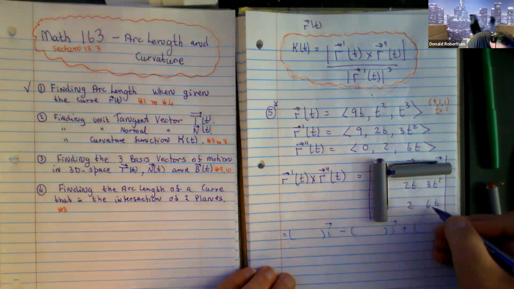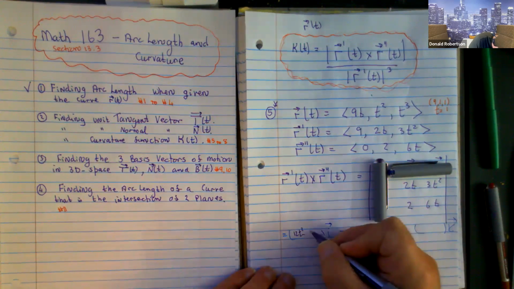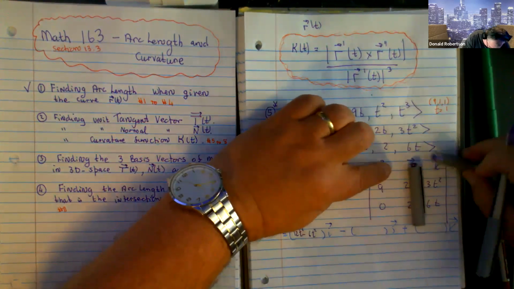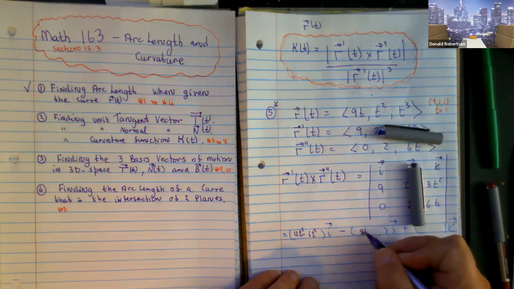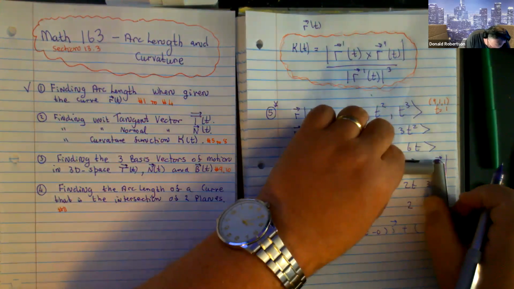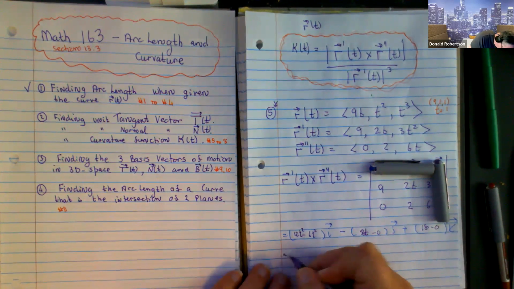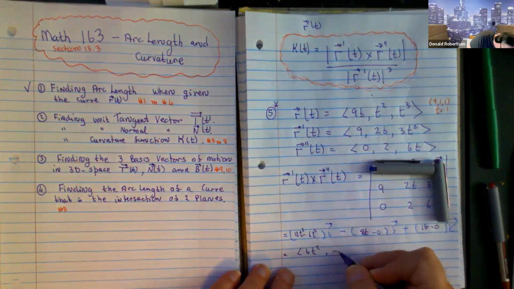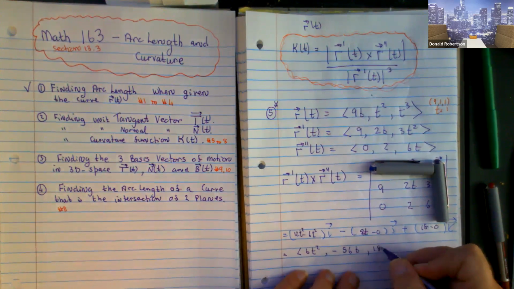So in this case, it's going to be 12t squared, take away 6t squared. The middle one is going to be 56t, take away nothing. And the last one is going to be 18, take away nothing, which gets me 6t squared, negative 56t, and 18.